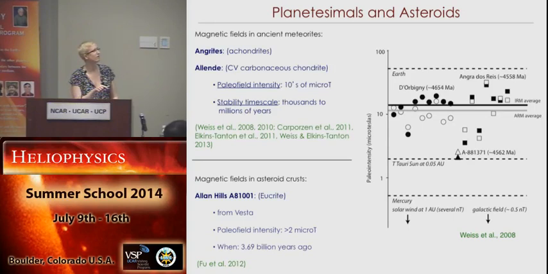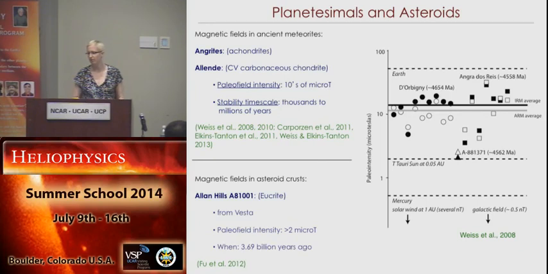The E in it stands for eucrites, and one of these eucrites, called Allen Hills A81001, is believed to be from Vesta, and it has a very strong magnetic field that suggests a paleofield intensity of roughly 2 microteslas around 3.7 billion years ago. Okay? So this suggests that Vesta had a dynamo sometime then or before then. Okay? So you suddenly have evidence in smaller bodies, asteroid-sized bodies, planetesimal-sized bodies, that there were dynamos on these bodies.